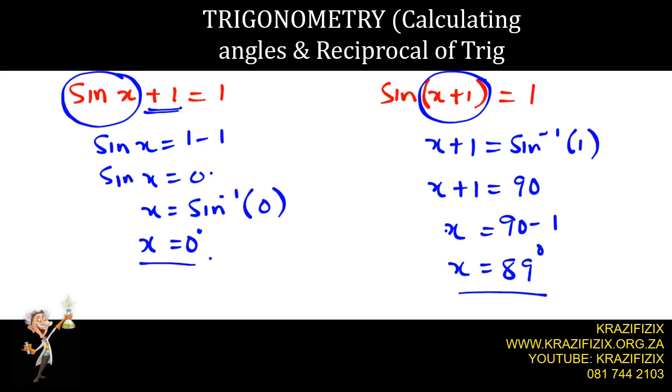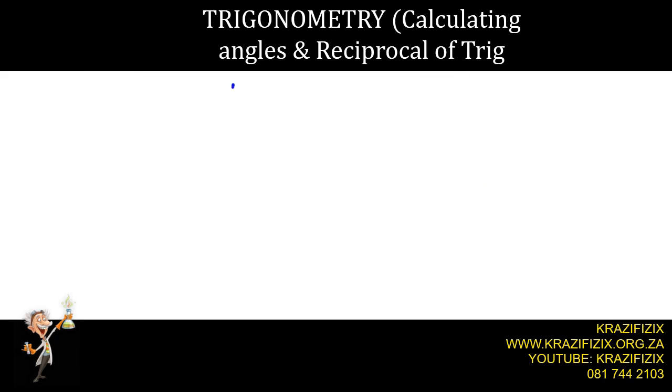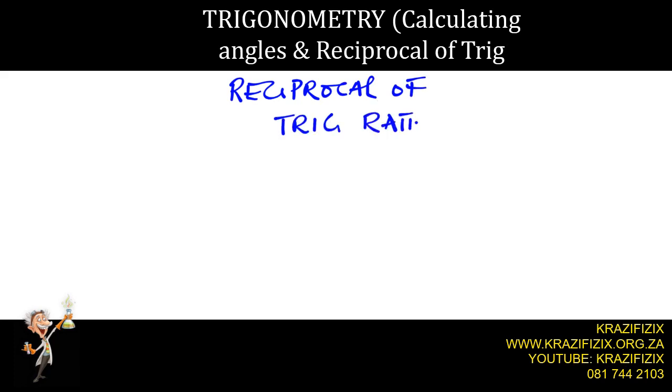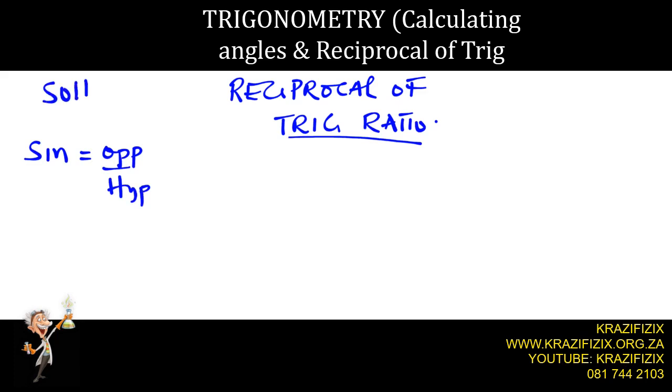Okay, now let's look at reciprocals of our trig ratios. When I say reciprocal, what does it mean? If I have my sine as opposite over hypotenuse, do you remember that, right? Remember we have SOHCAHTOA.